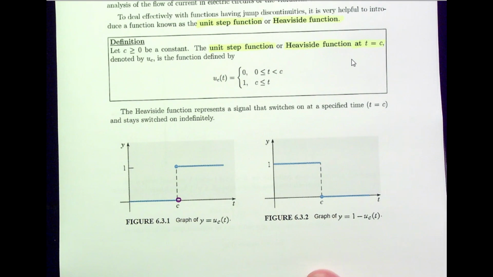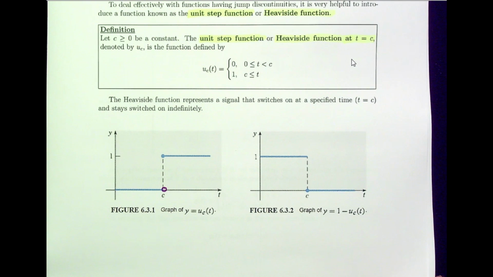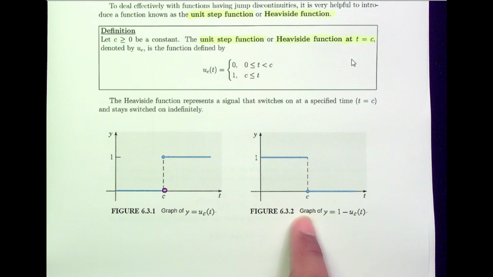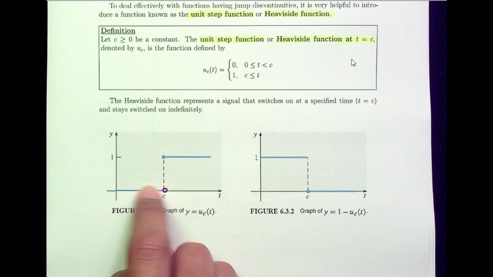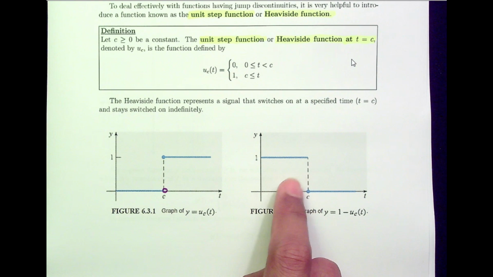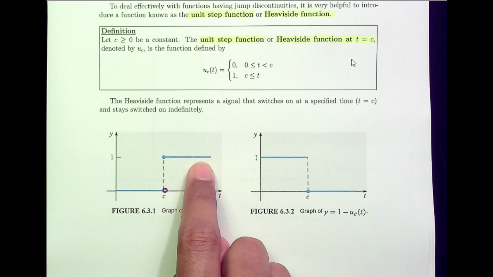Now, it is also useful to consider sometimes the function 1 minus u_c. So 1 minus u_c: in this part it is going to be 1 minus 0, which is 1. So in this part it is going to be 1. And then after c, 1 minus 1 is 0.